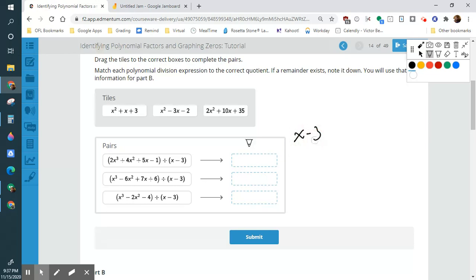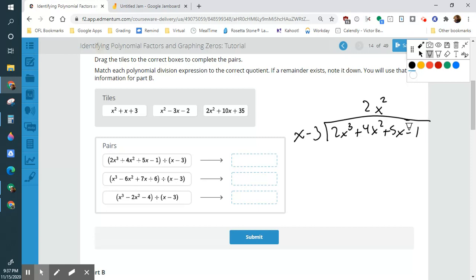So x minus 3 over 2x to the third plus 4x squared plus 5x minus 1. X times what gives me 2x cubed? So I'm going to say 2x squared. Unlike Edmentum, I like lining these up. It also helps you to know that you're at the remainder territory.